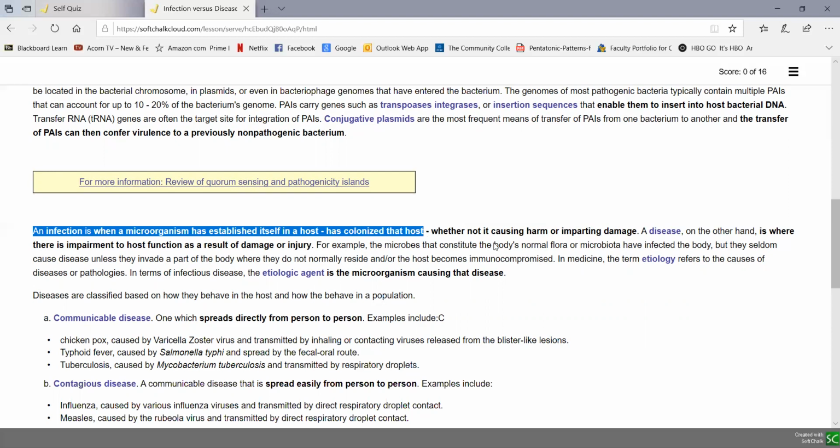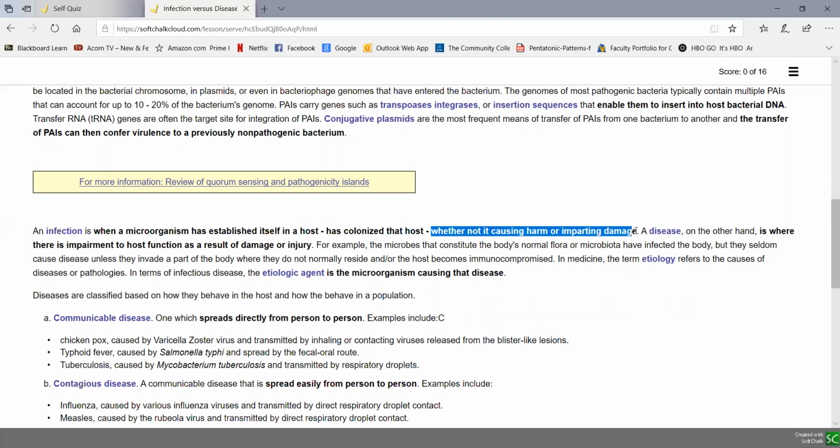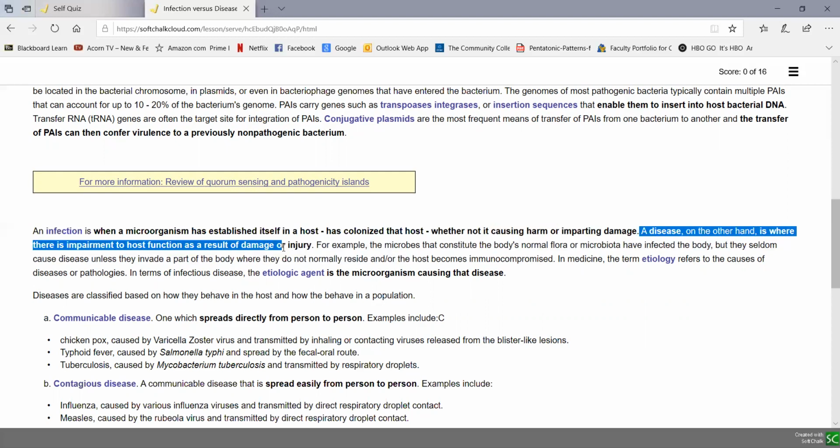Now, that can occur whether or not it's causing harm or imparting damage. So an infection simply is a microorganism establishing itself in the host or colonizing the host with or without causing harm or imparting damage. Whereas a disease is where there's impairment of host function as a result of damage or injury. So disease is when a microorganism is causing harm to the body.